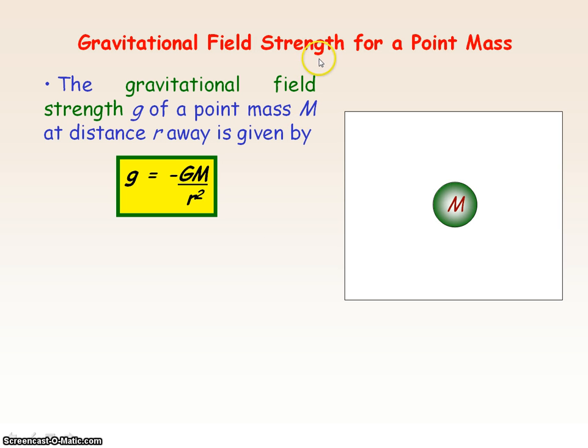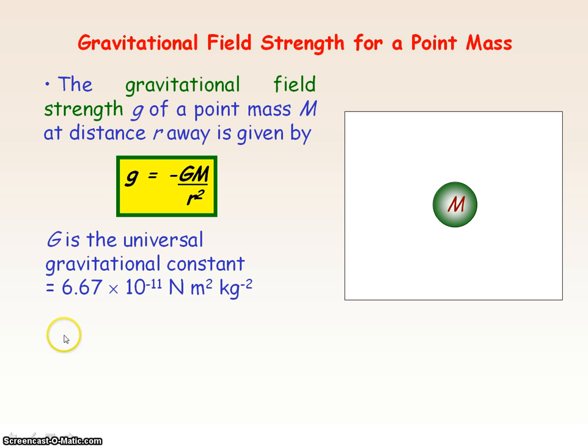The gravitational field strength for a point mass, and that is a mass with 0 size, is given by this equation, where m is the mass of the object and r is the distance away from the centre of the mass, and G is the universal gravitational constant.